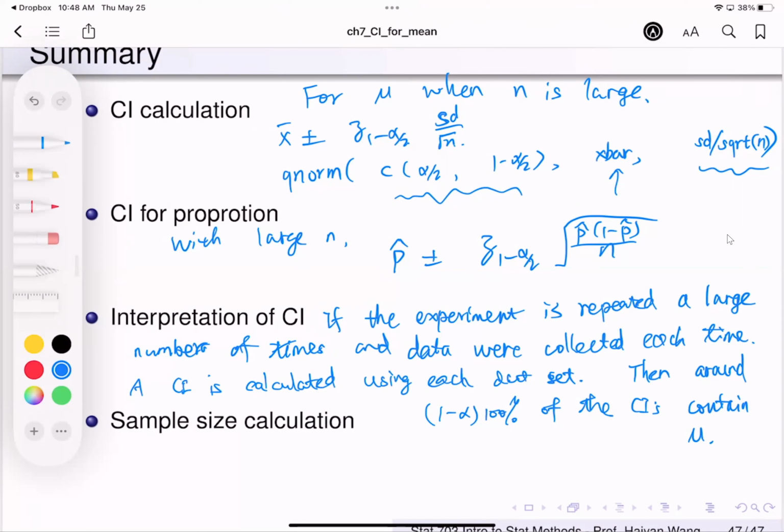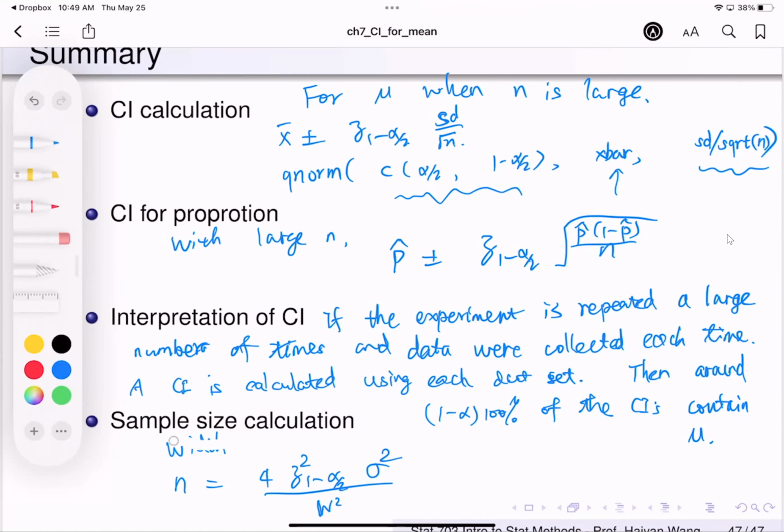And for the sample size computation, if you're given the width W of the interval, the sample size will be n equals 4 times z squared times sigma squared over W squared.